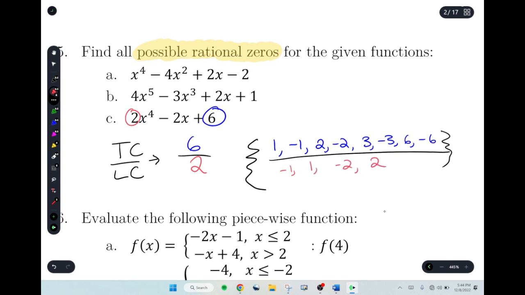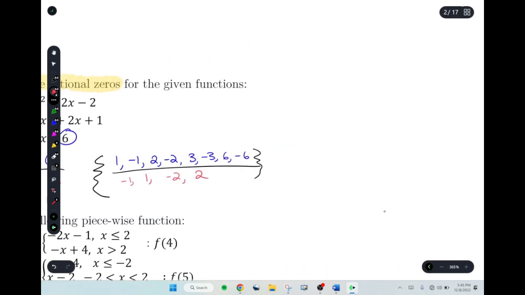All right, but that's not how it's going to show up on the test. You know how it's going to show up? As the individual fractions that this set of numbers makes. So we have to go one at a time and do the fractions. Let's start with -1. No, do the one that goes with it. 1. Okay, we just took care of that.